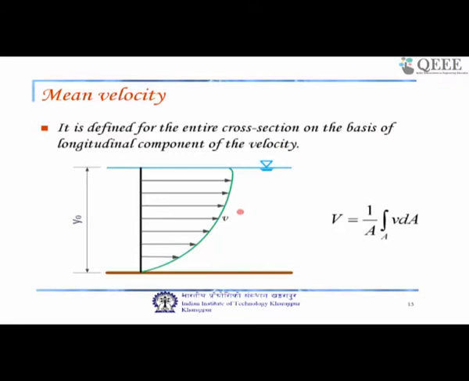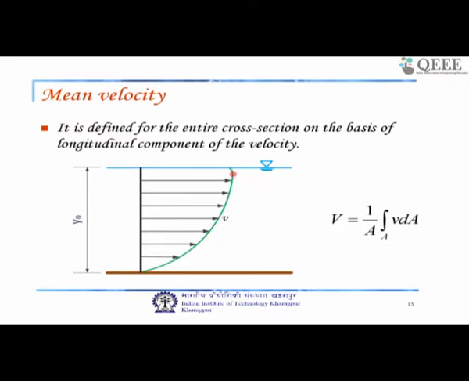So, this V is actually the longitudinal component of the velocity, and y naught is the total depth. But the interesting part is that this is your free surface, and maximum velocity is just below this free surface.